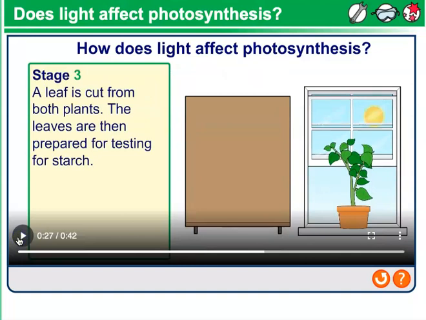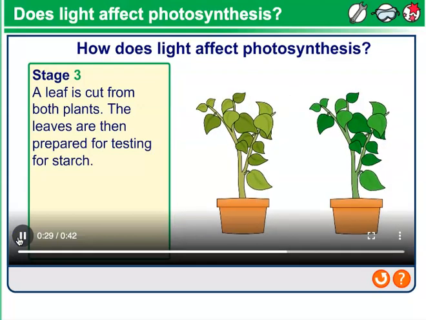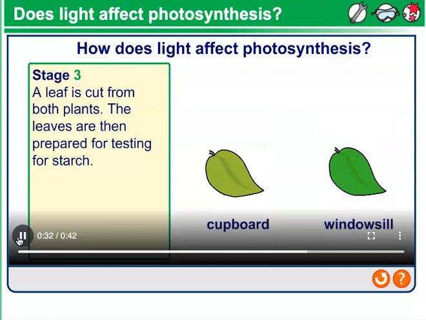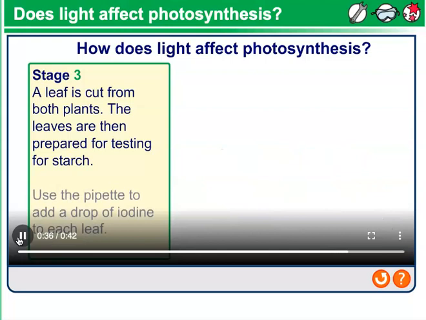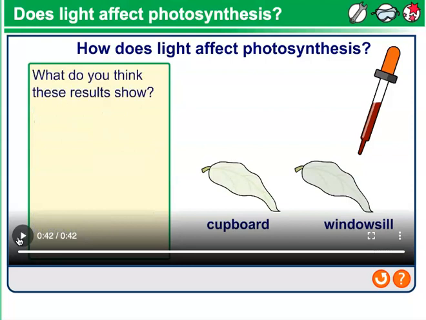Stage 3, a leaf is cut from both plants, and the leaves are then prepared for testing with starch. So we have our 2 separate leaves, one from the windowsill and one from the cupboard. Doing an iodine test on each leaf, what do you think these results will show? I would suspect that there would be a greater amount of starch in the windowsill plant versus the cupboard plant.